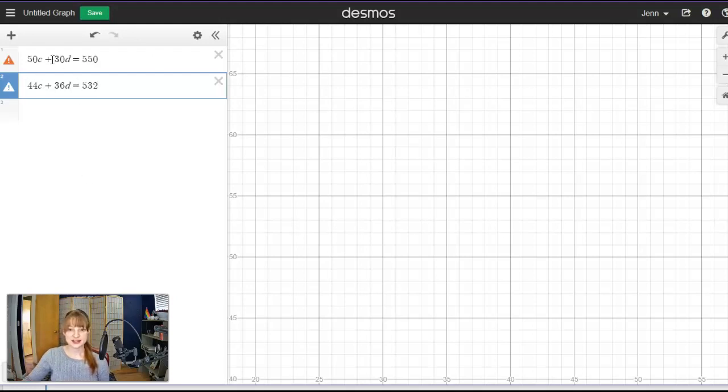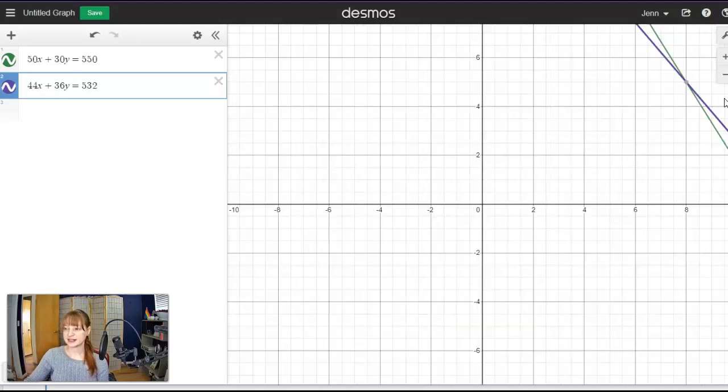And Desmos doesn't understand c and d. We need to change that to x and y. Change this one to x and y. And I'm going to click the home button here in Desmos so I can get back to my original spot. And you can see right there is where they intersect at 8, 5.